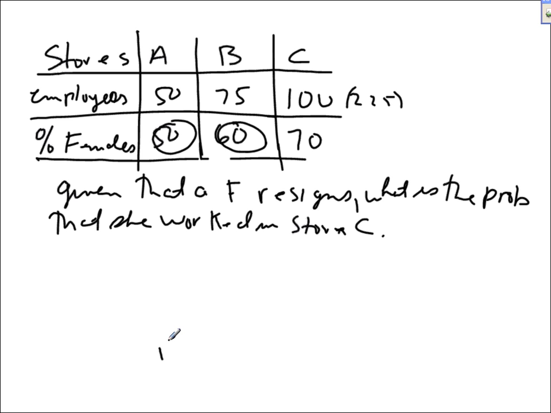Okay, so what we're asking is, what's the probability that she worked in store C, given that she resigned and she is female?